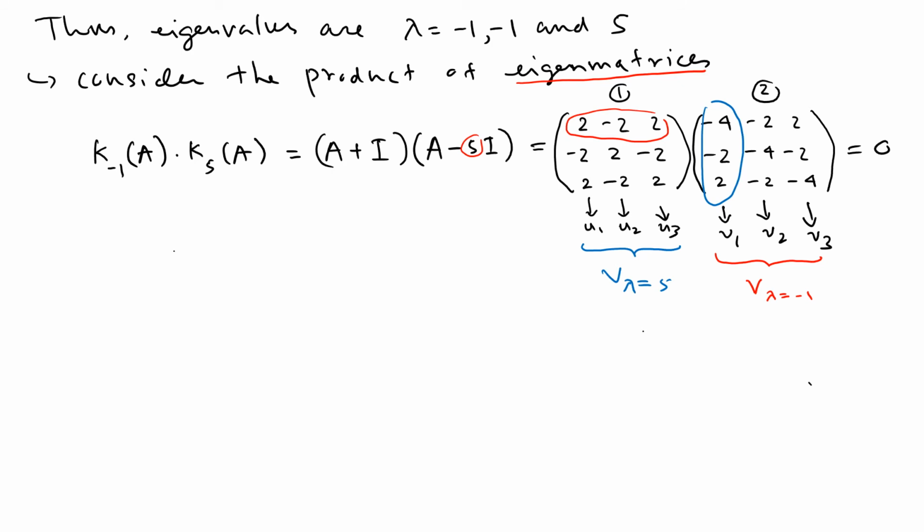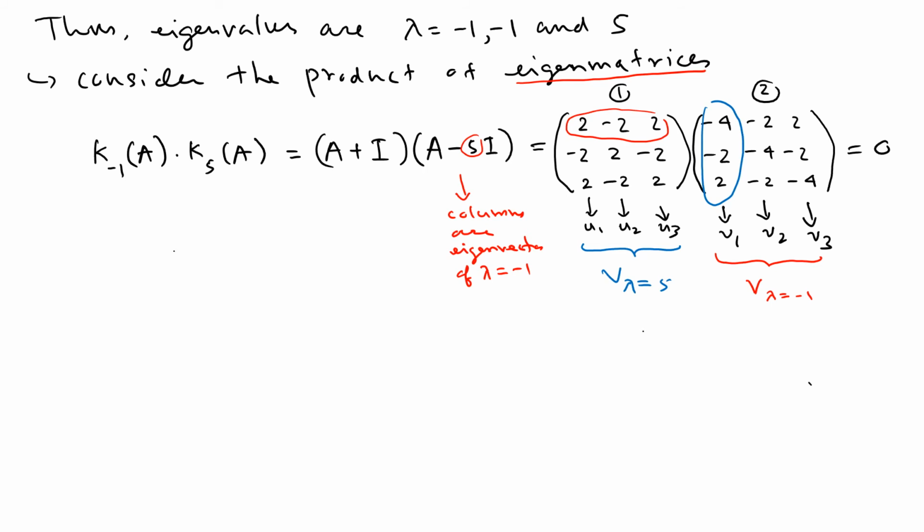So now I'm going to write the argument. The columns of these are eigenvectors of lambda equal negative 1.